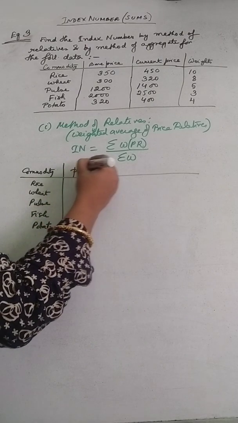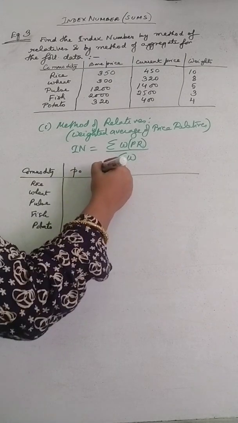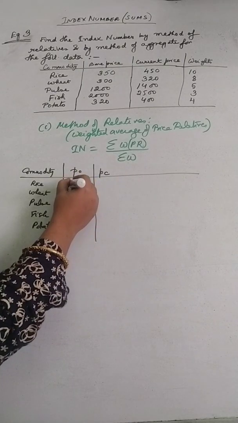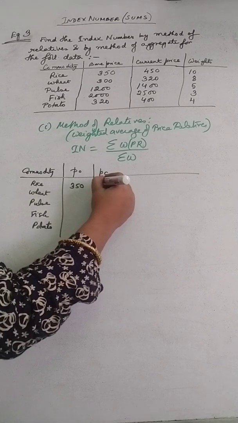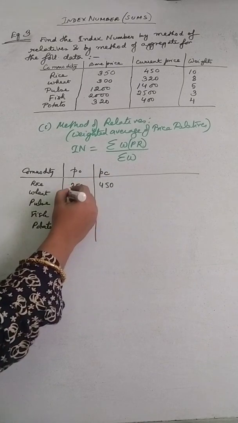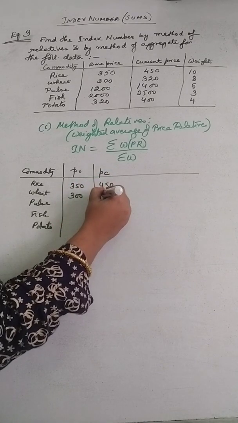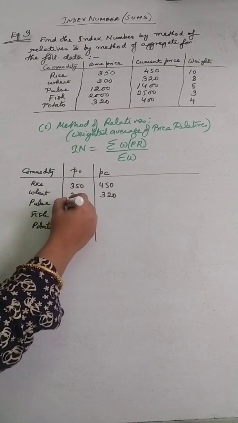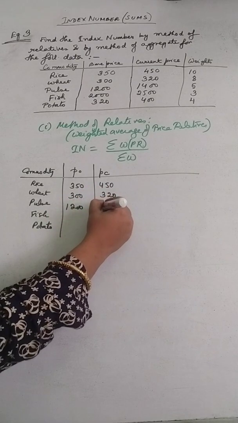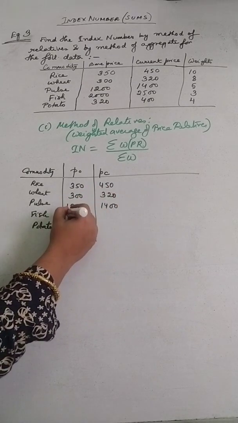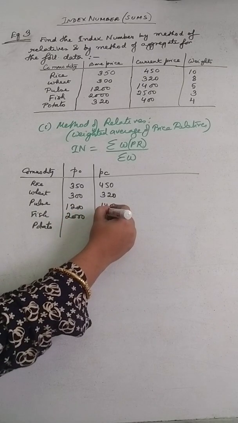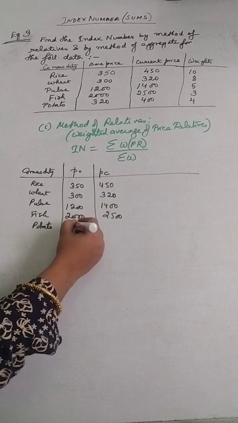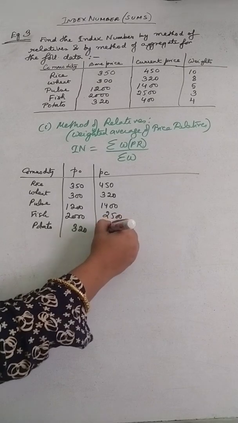Base year price is your P0, current year price is your PC. This is 350, 450, 300, 320, 1200, 1400, 2000, 2500, 320, 400.